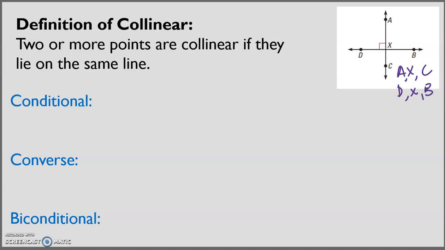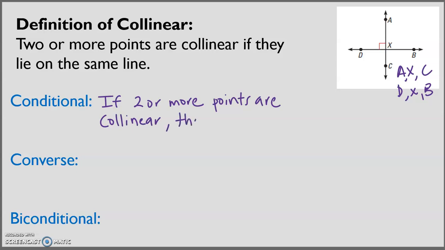So first, let's turn this definition into a conditional statement. So if two or more points are collinear, then they lie on the same line.